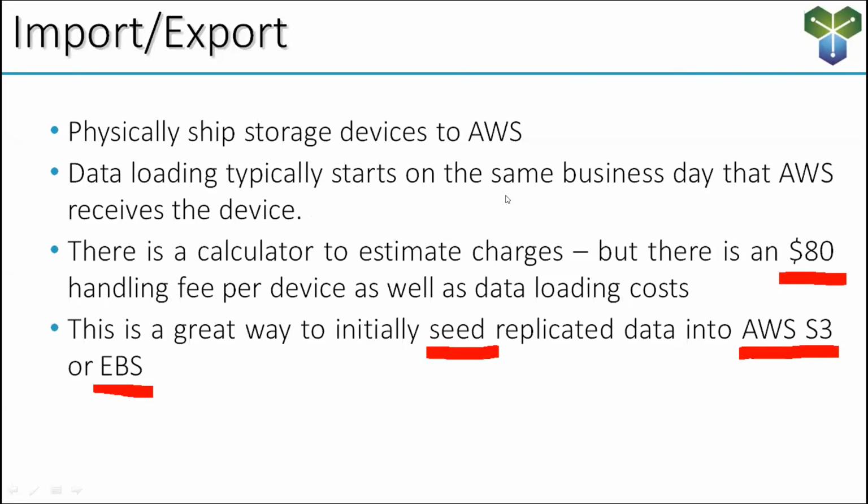Whereas the Snowball appliance is definitely more reasonably priced, and it's just this hardened physical device that they'll ship to your business. You hook it up, you load all the data onto it. The data is encrypted. It's very standardized, and then you just send it on its way. You can request that right within the AWS console and get them to send one to you. Awesome.